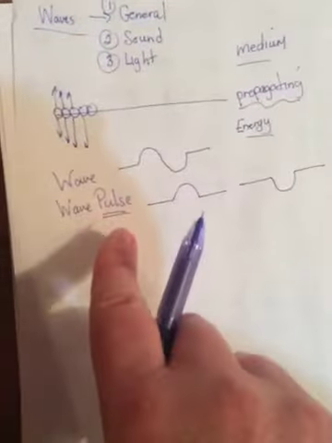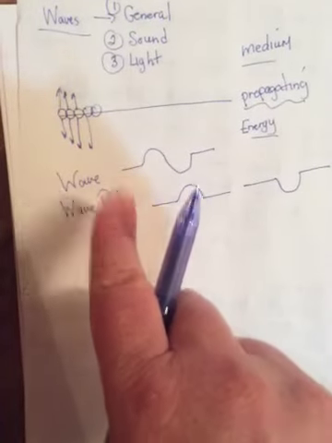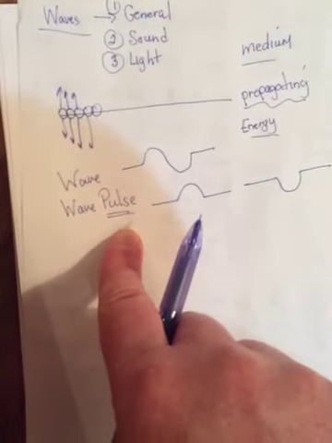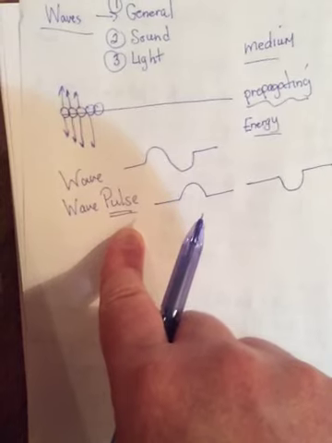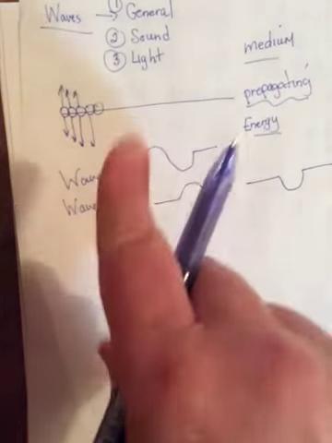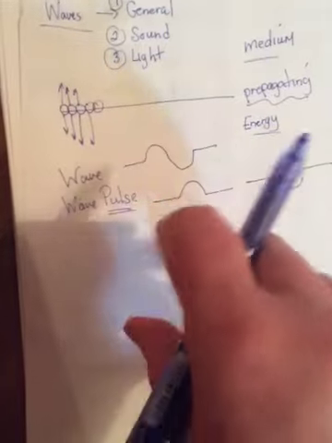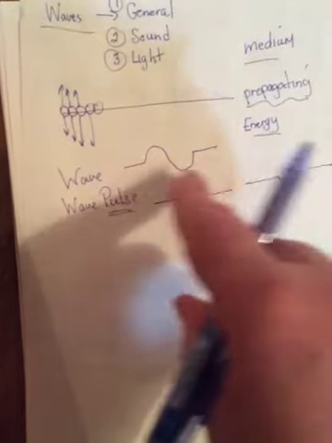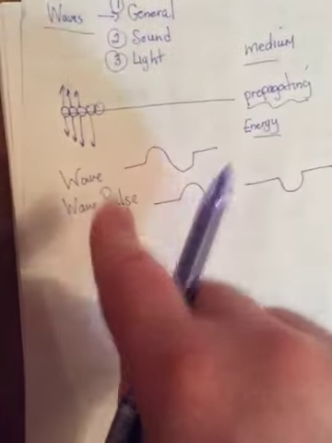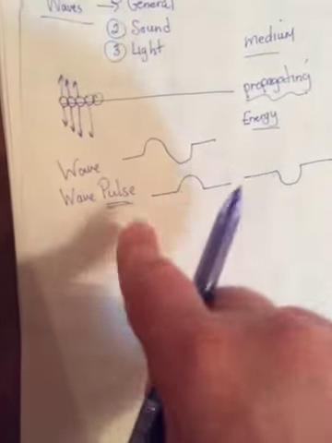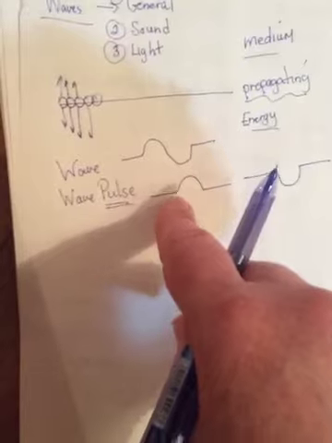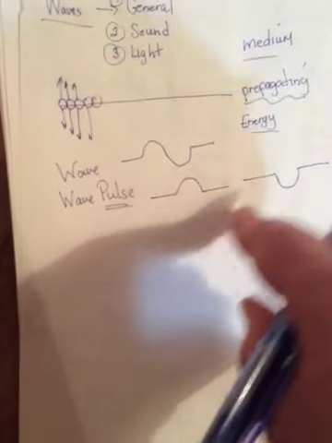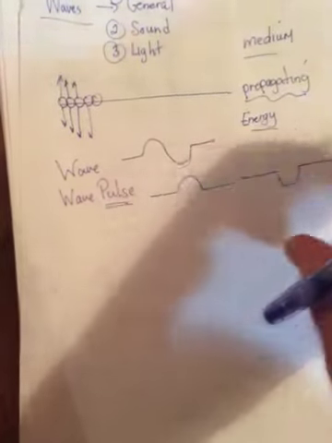So if we go back to my finger in the bathtub, a pulse would be me just putting my finger in. If I just put it in, it does one single disturbance. If I pull it back out, then it does the other one, and that's when you get a full wave. So an in and an out, a full cycle, will give you a wave, but only a half cycle will give you what's called a pulse.